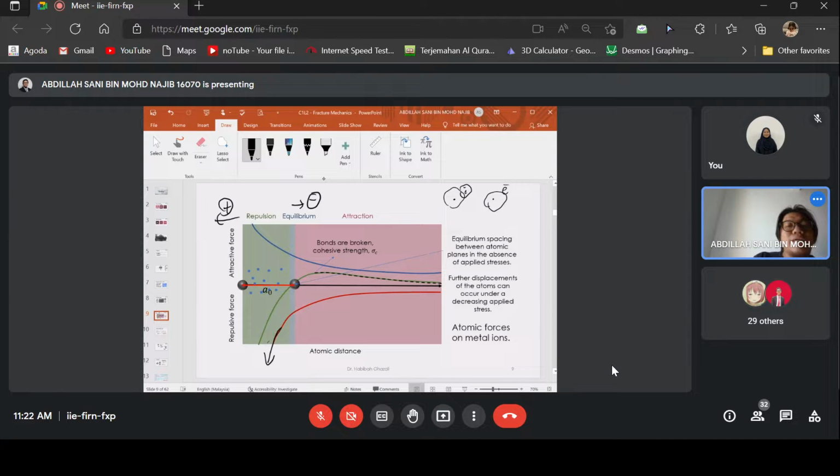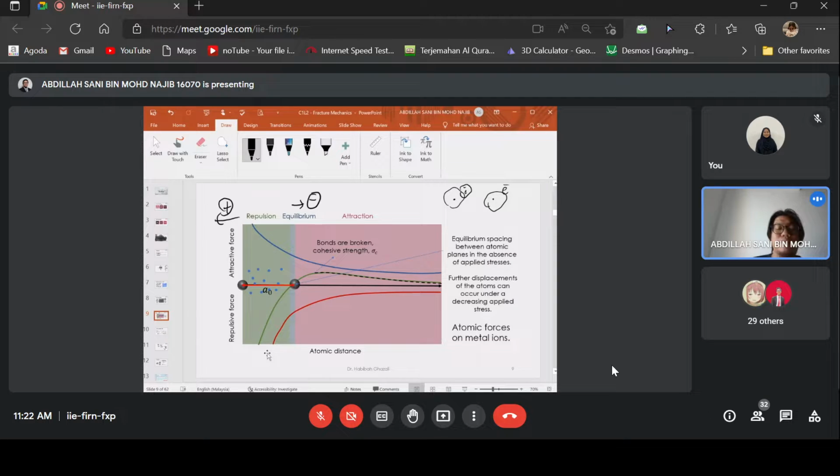As we bring the atoms further from the equilibrium, at equilibrium the total is the same.